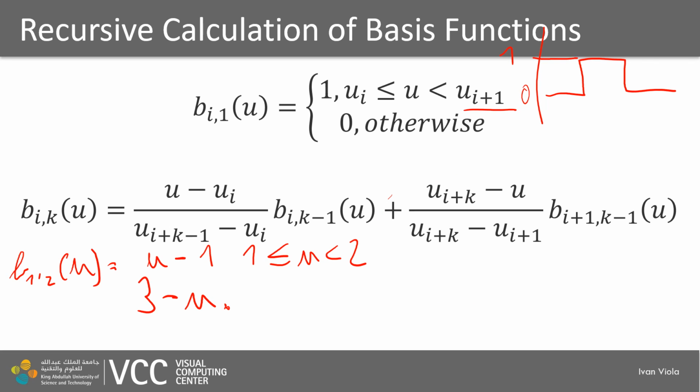So 2, 3, and this is our formulation for our basis function, which we are having for linear polynomials of our linear B-spline.